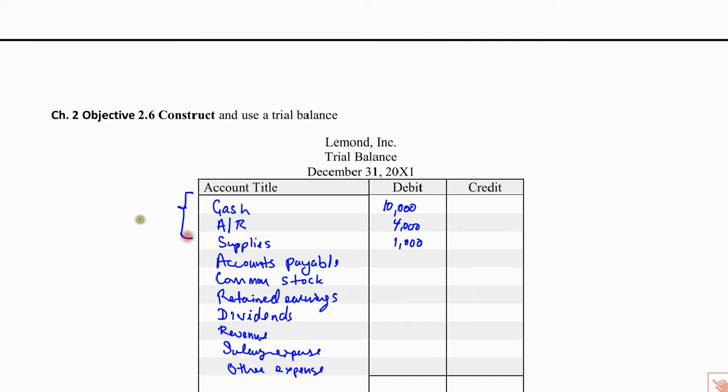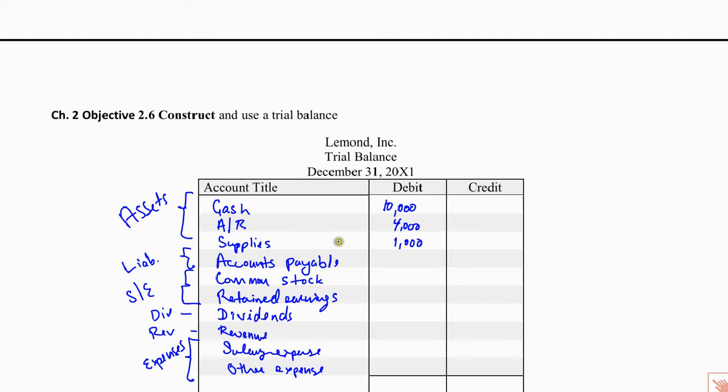Just notice these are assets. Here is a liability. Stockholders' equity, dividend, revenue, and expenses. All right, so that's the way it's organized.